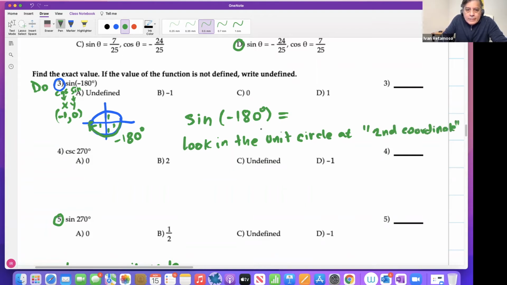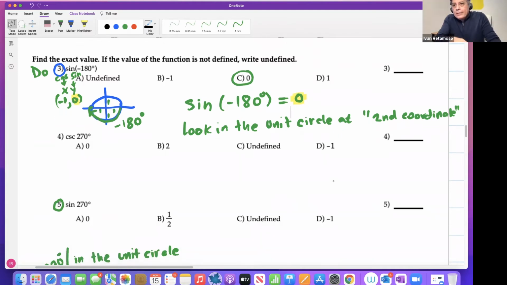What's the second coordinate here? 0, right? 0. Follow, guys? Very good, very good. So that was the answer for this problem.